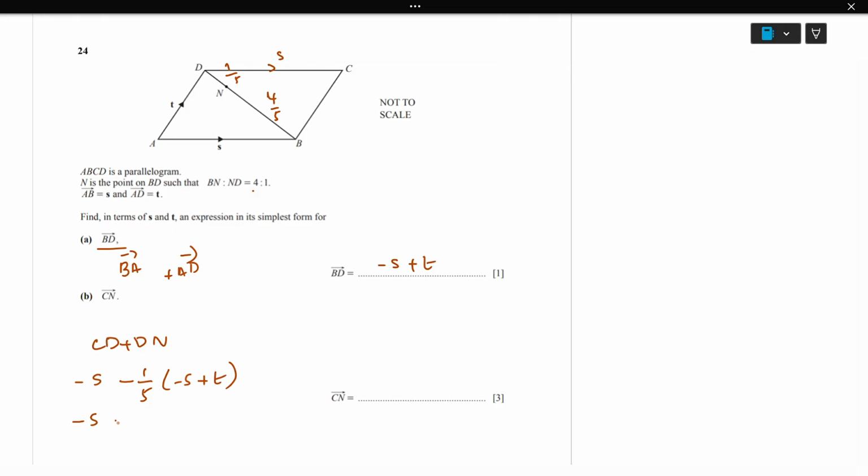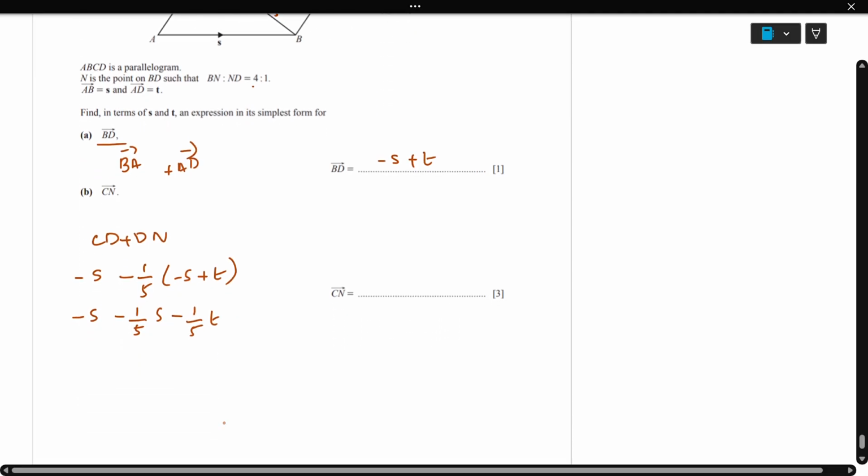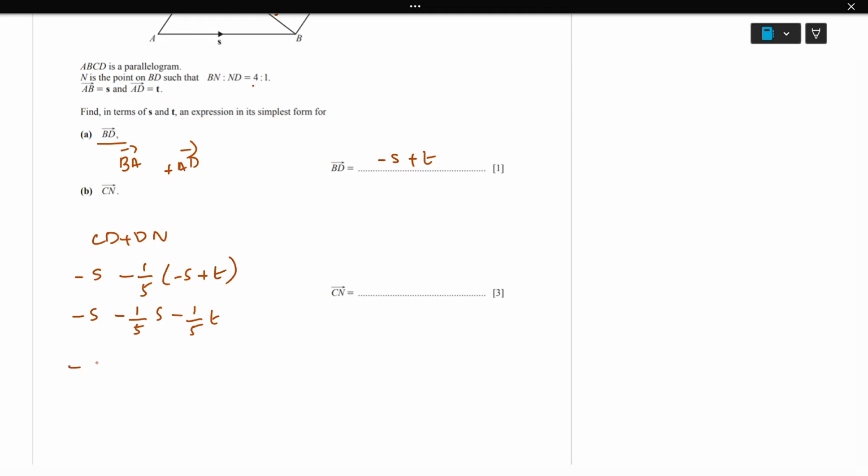Expand everything: minus s minus 1/5 s minus 1/5 t. Just simplify the s value, make the same denominator, minus 5s minus s over 5 minus 1/5 t, which is (-5 - 1)s/5 minus 1/5 t.